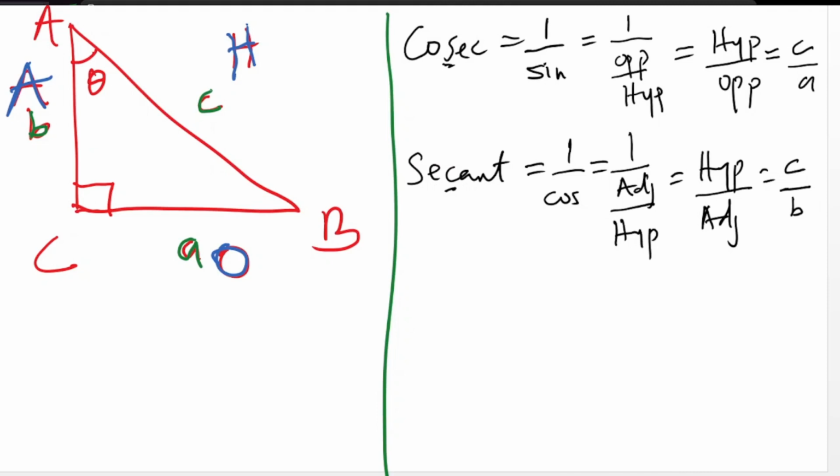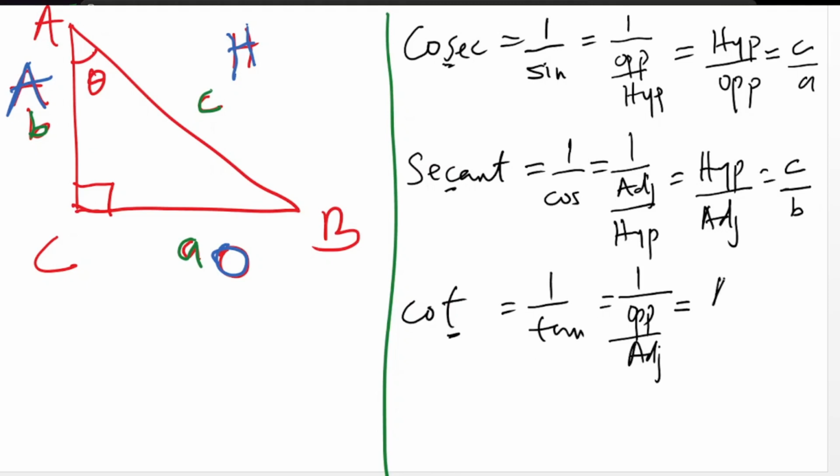Right. So the last one, which is cot. That is 1 over tan. So the cot is 1 over tan, which is opposite over adjacent. I hope I'm making sense. So that means adjacent divided by opposite. Adjacent here is B, while the opposite is what?